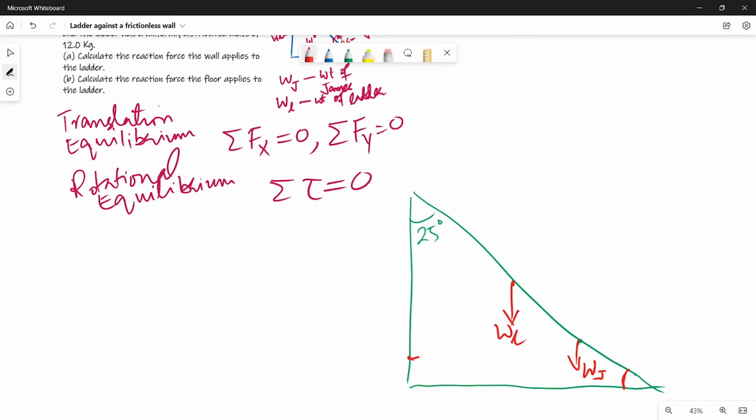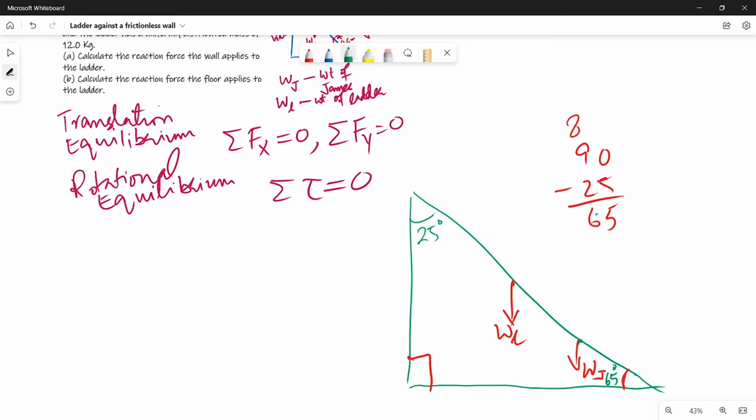Because it's a right angle triangle and we know one angle is 25, the other two angles sum to 90, so 90 minus 25 is 65. This angle here is 65 degrees.